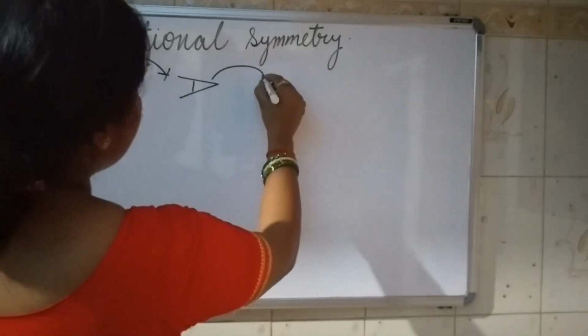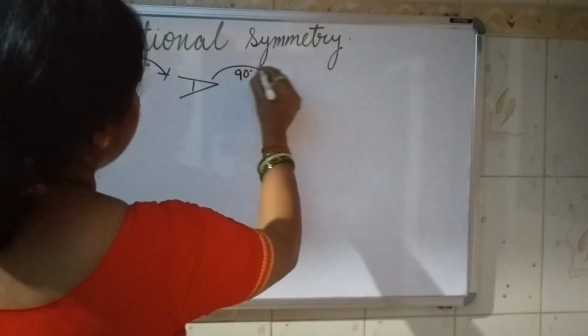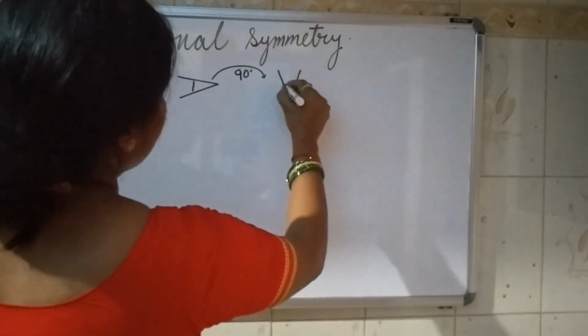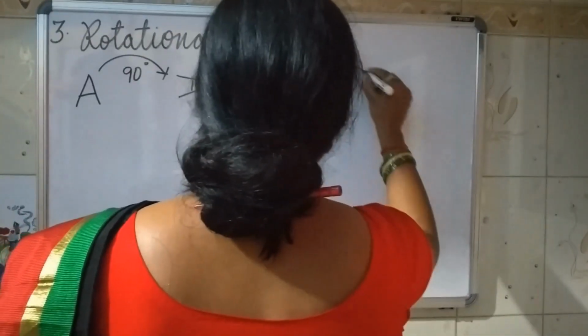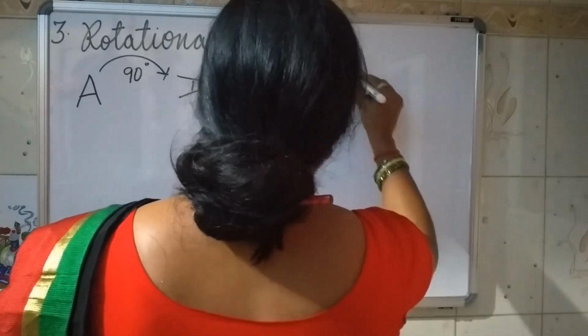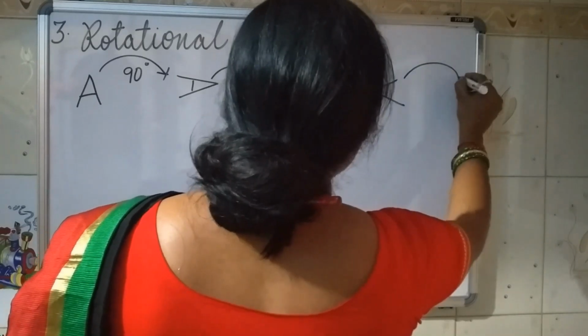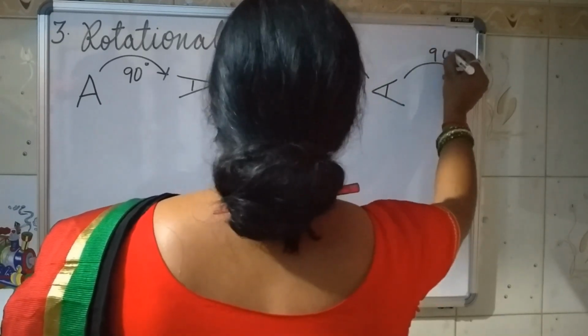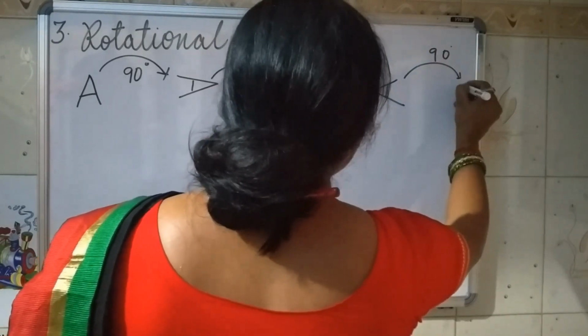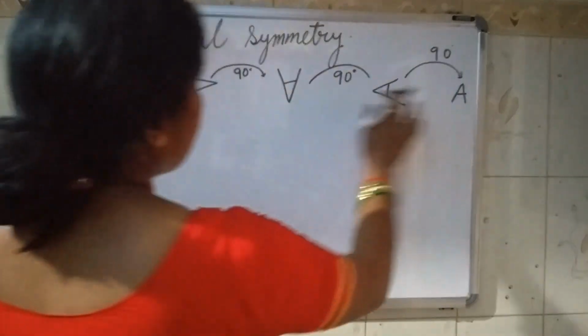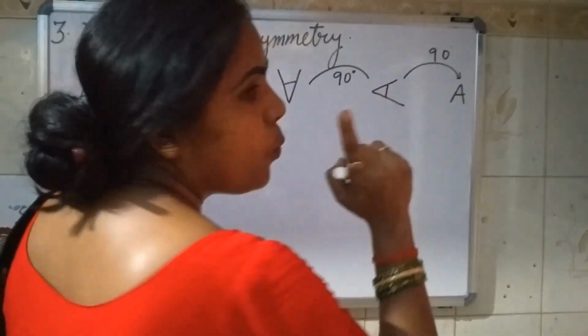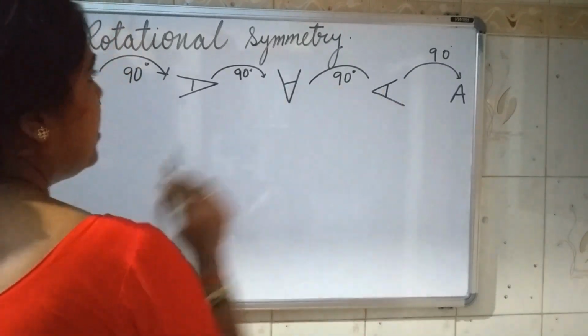Again I rotated by 90 degrees, then it reaches this position. Again I rotated by 90 degrees, then it reaches this position, and again I rotated by 90 degrees, and it reaches this position. So it means the alphabet has rotational symmetry of order 1.